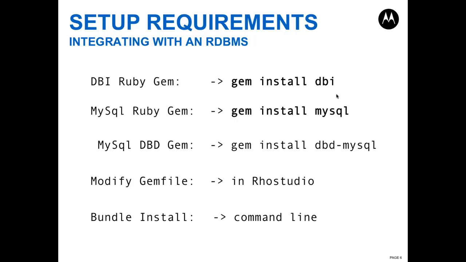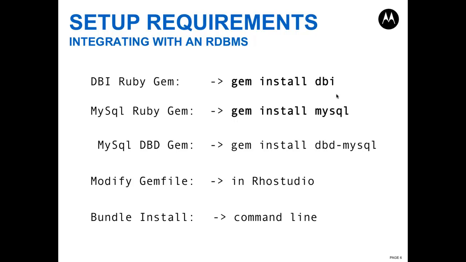After having those setup requirements installed, I needed to modify my gem file in RhoStudio. I will go over and show you exactly what I had to do. And then finally, from the command line, once you have everything set up, you'll want to do bundle install.